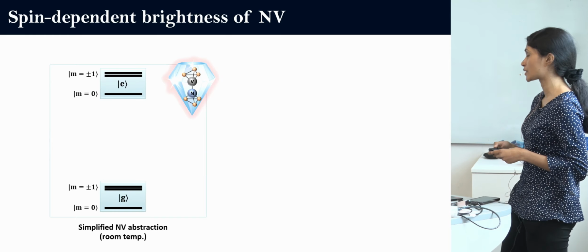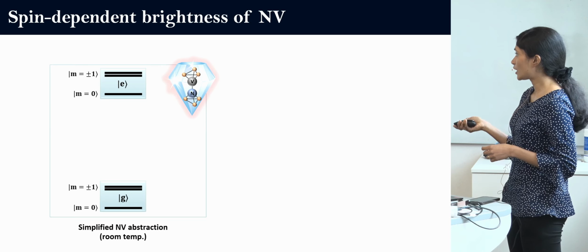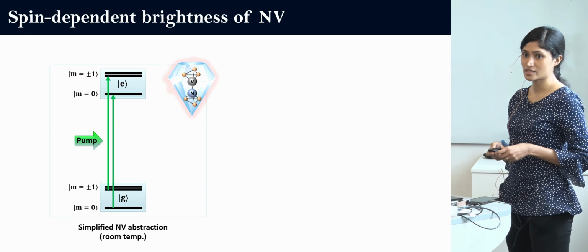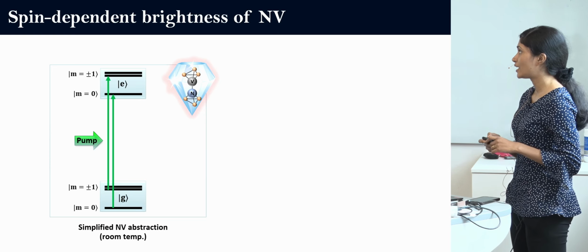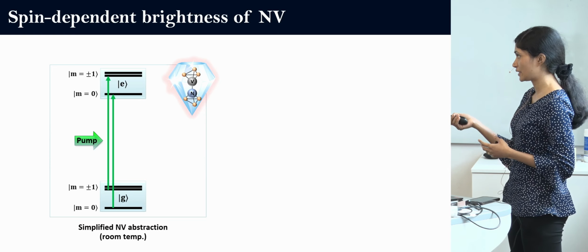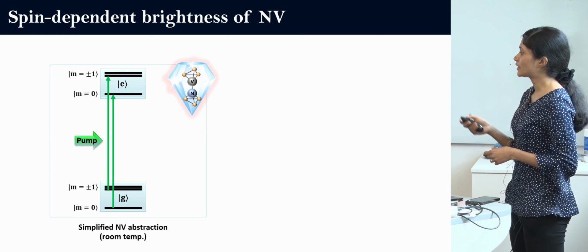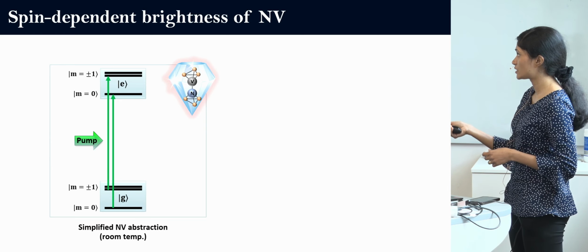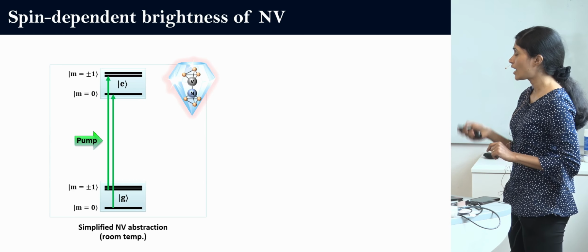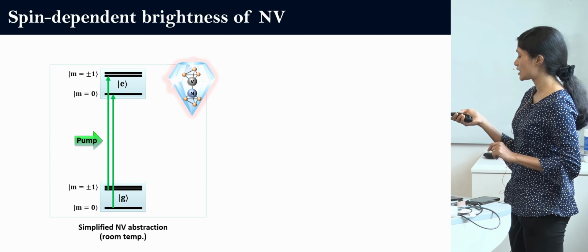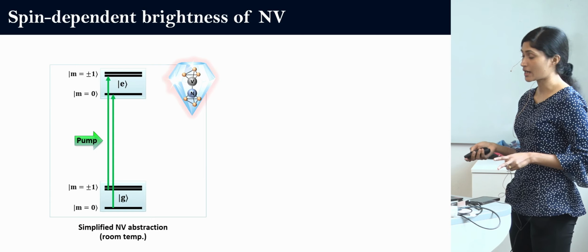This is a good enough approximation. Now, if we excite the NV center with high enough energy light, higher than its 0 phonon line, typically it's green light, it will make a transition from the ground state to the excited state without any change to the spin. And once excited, it has 2 competing pathways to come back down.